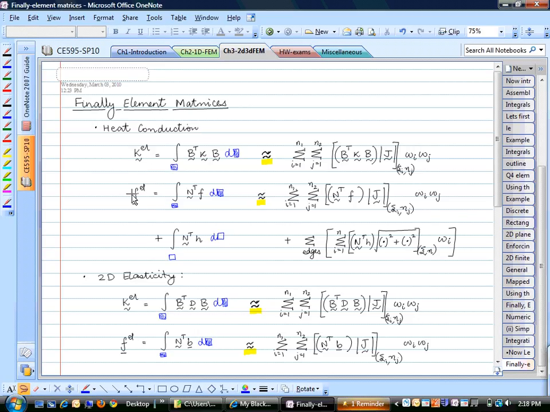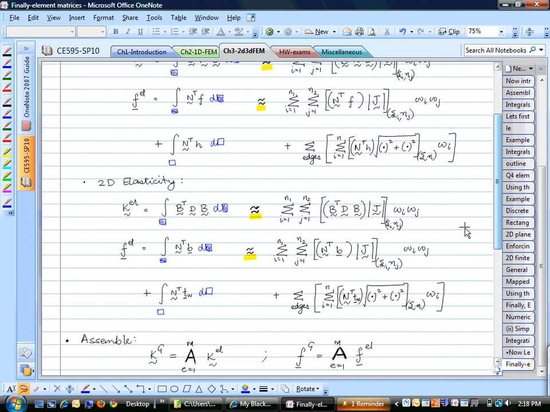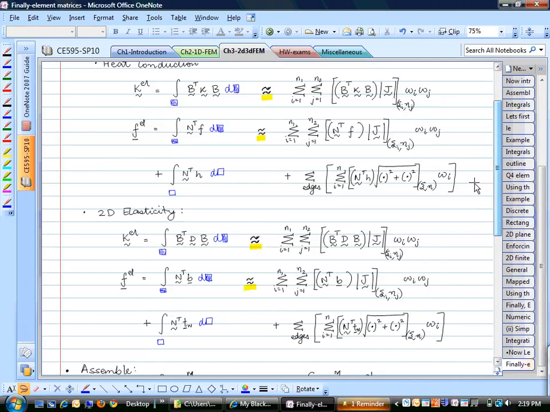The same thing for the force vector. You will have this over the boundary, this over the domain and this over the boundary. And the only difference between this heat conduction and elasticity problem is that D matrix here and this kappa matrix here, that's the conductivity, and this is the elasticity matrix.